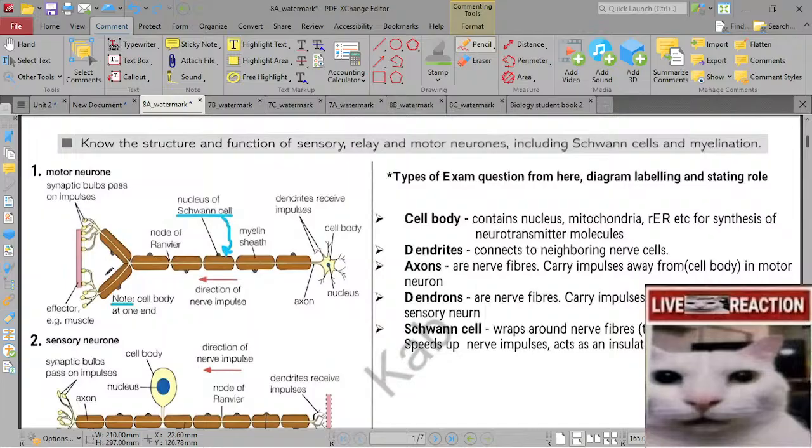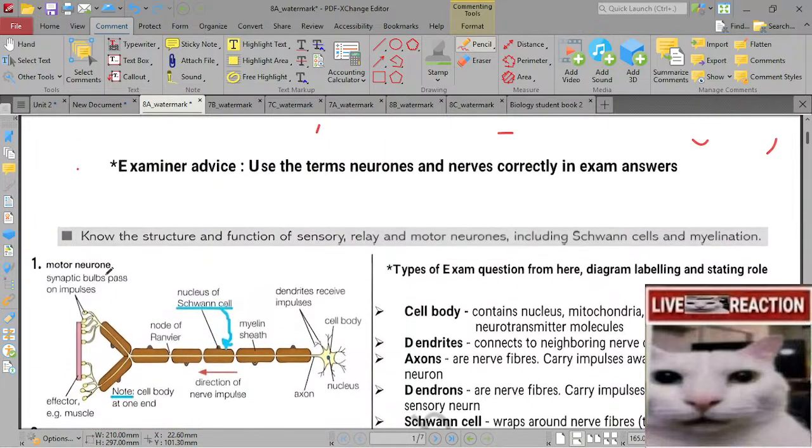So, we have three types of neurons. We have sensory, relay and motor neurons. Remember, nerves consist of neurons, and neurons are the individual cell, consisting of the axon and dendron, which are the nerve fibers.